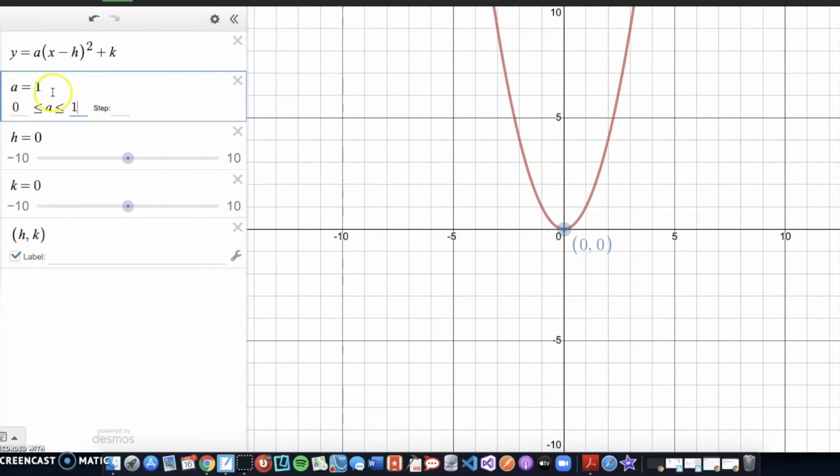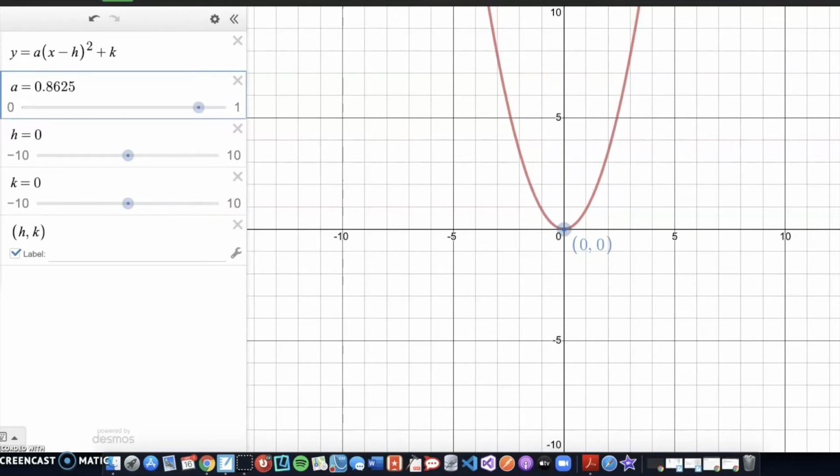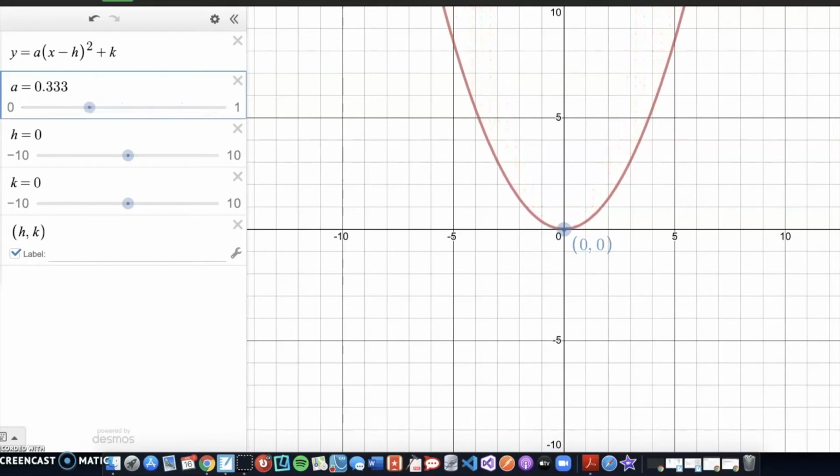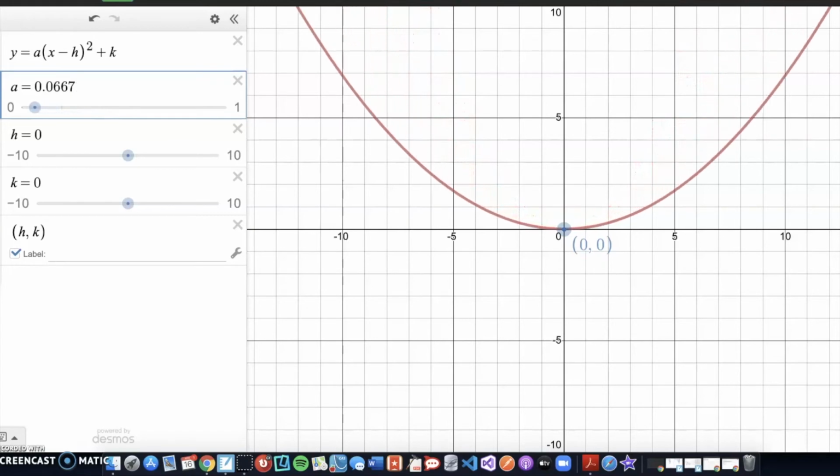So for example, 1/2, or 1/3, or 2/3, or 4/5, any of those values. So I'm starting at my parent function, and I'm going to try to see what happens when A is smaller than 1 but greater than 0. So notice what's happening. It's actually getting wider than my parent function.